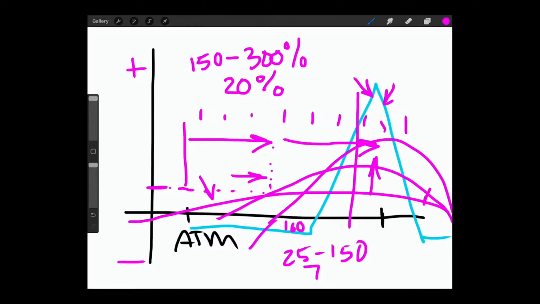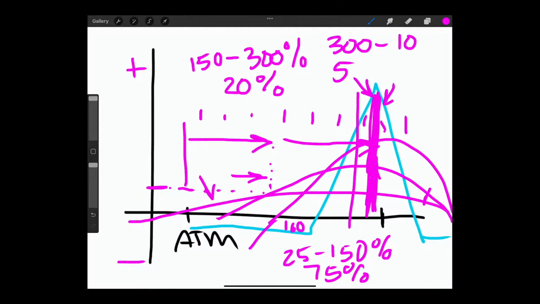So 75% of our wins, we're making 25 to 150%. 20% of the time, we're making this much. About 5% of the time, when we're sitting right in the center, or very close to the center, we're making anywhere from 300 to 1,000%.